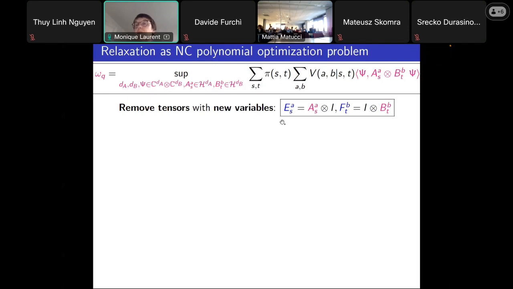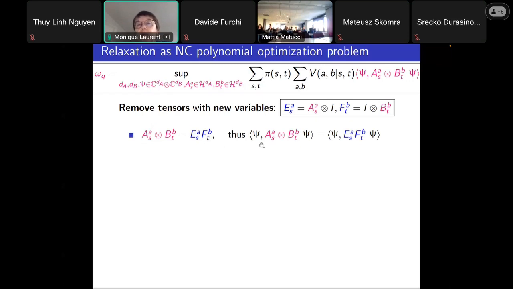The first step is to remove this difficulty, the tensor product, by introducing new variables. Let's introduce a new variable in blue, which I denote E, which is the tensor of A with the identity, and F in blue, which is the tensor product of the identity with B. Then obviously the tensor product of A and B is equal to the product of E and F. So by introducing these new variables, I've removed the tensor product, and I now have a true product of two matrices E and F. Now these E and F are operators acting on a bigger space, the tensor product of both.